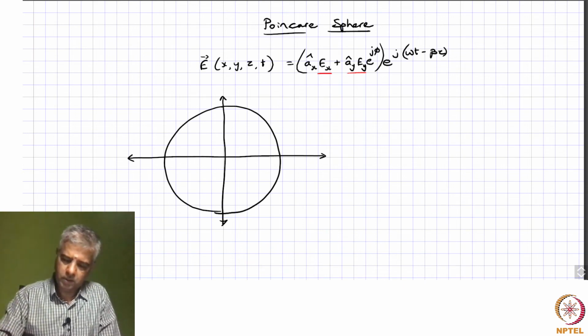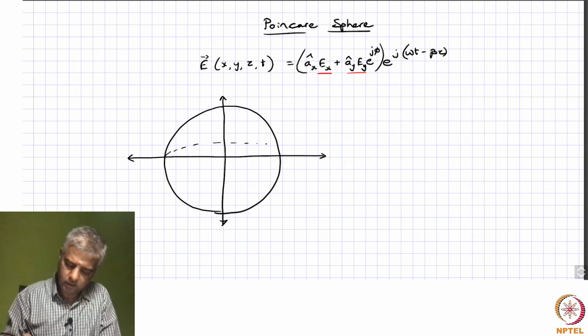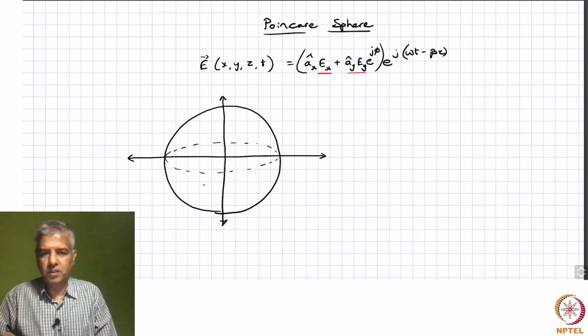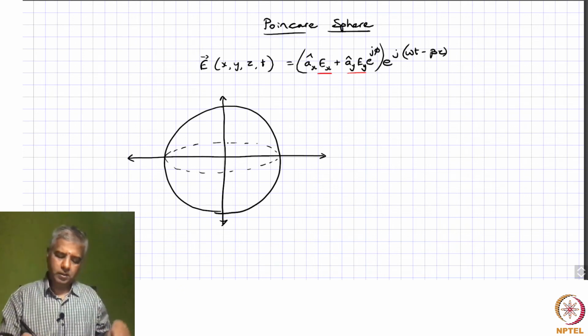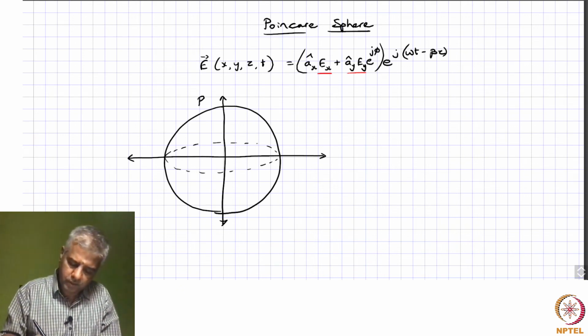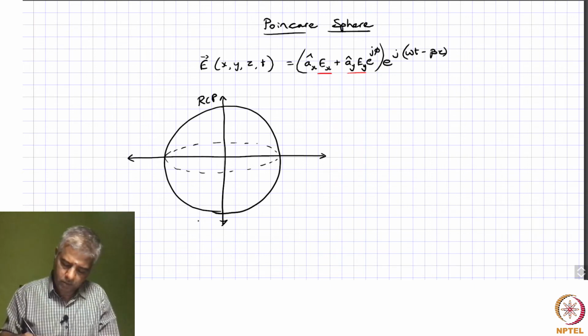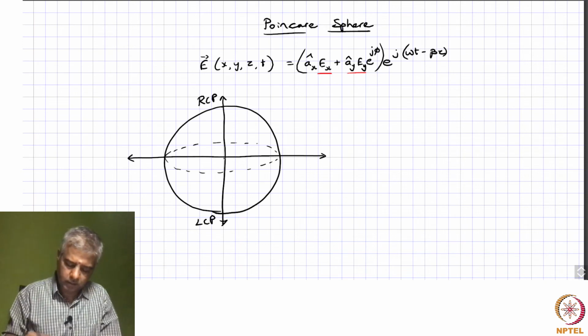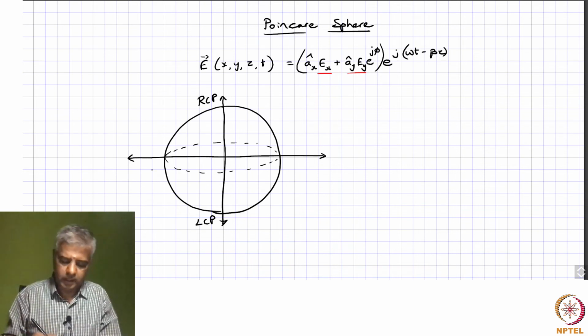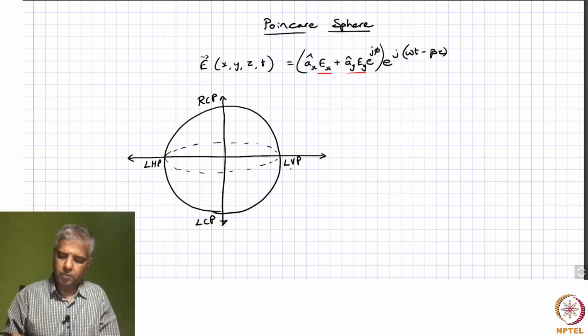which you can probably imagine in three dimensions, if you are looking at the depth of that sphere, that's what it corresponds to. The top of the sphere is your right circular polarization, and the bottom of your sphere is your left circular polarization, and this one is your linear horizontal polarization, and this is your linear vertical polarization, right?